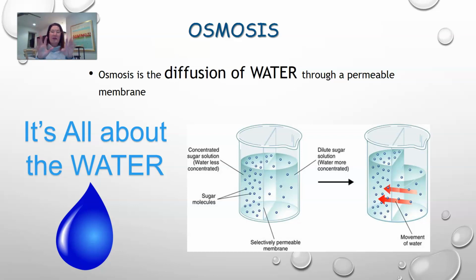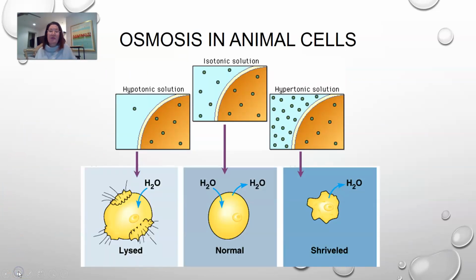So it's always water. If other molecules are coming through that are not water and it requires no energy, it's diffusion. So osmosis is all about the water. So we're going to be doing a lab on that starting soon.